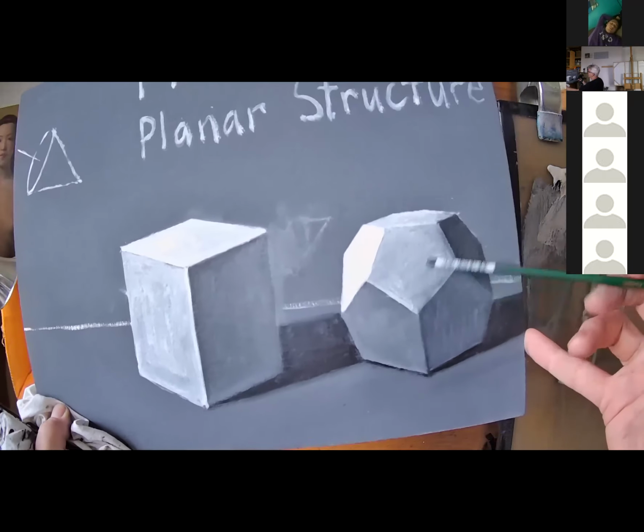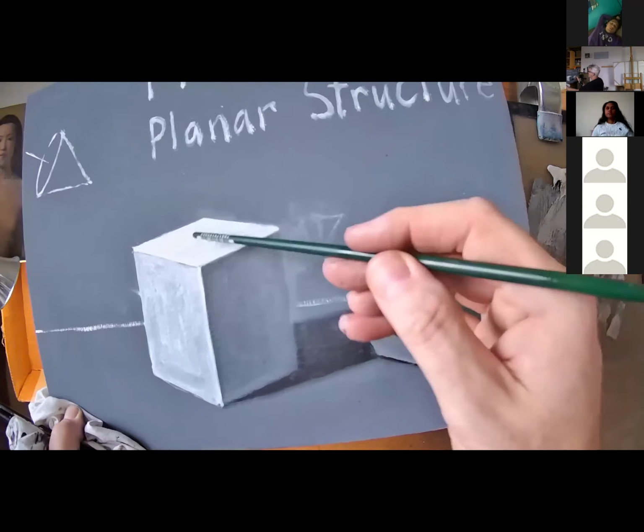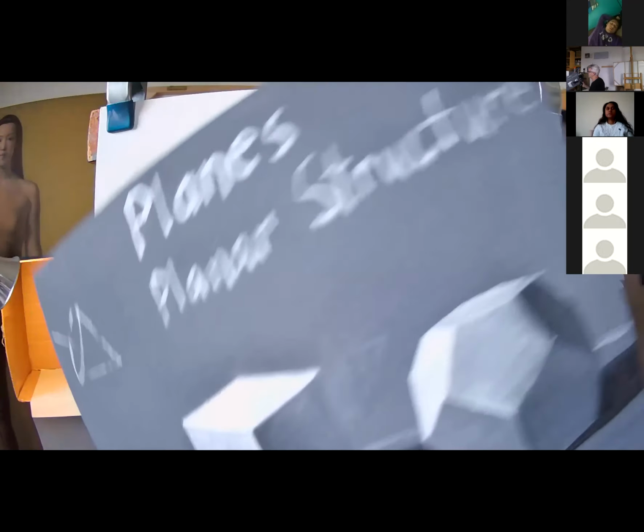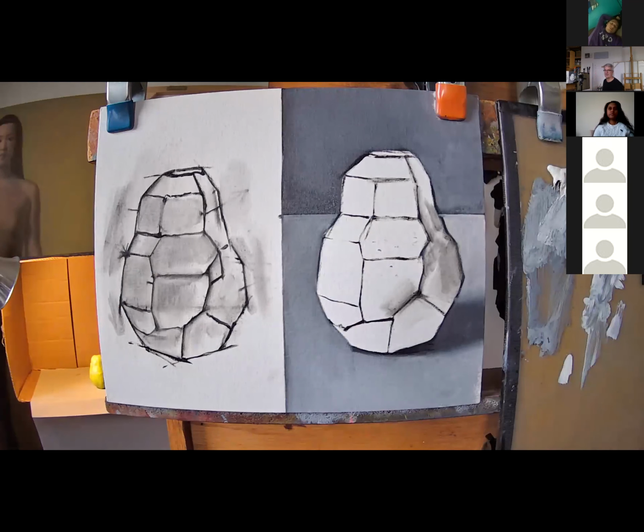When we're dealing with objects made up of a series of clear planes. So in order to optimize or to make as strong as possible the illusion of that object being a fully believable three-dimensional form in space, I'm starting the process by interpreting it as a series of geometric planes.